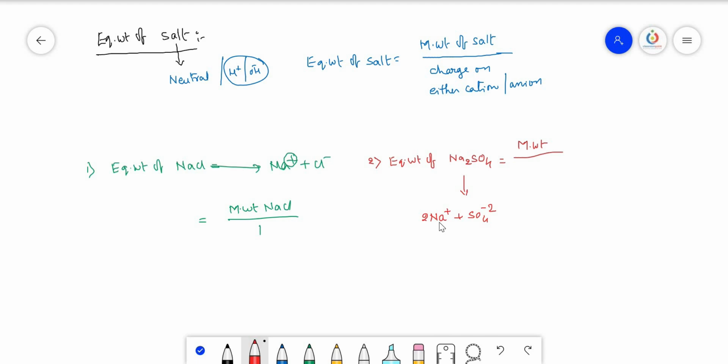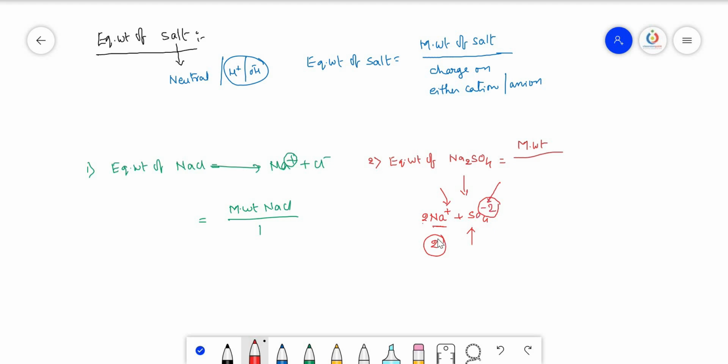So you have to take either total positive charge or total negative charge. Here what is the total positive charge? There are 2 Na plus ions, each having 1 positive charge, so the total charge is 2. And similarly, if you want to take the negative ion, here minus 2 is there. You should not consider the sign, only the value, here also 2.